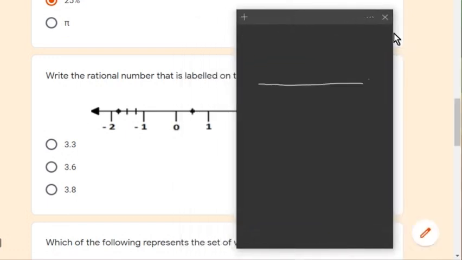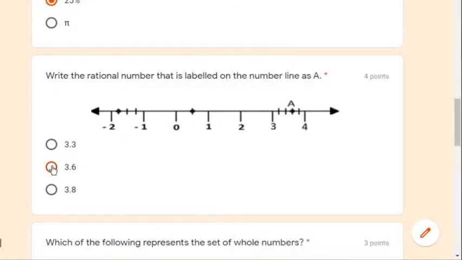Since we have 3 and then 4, and it is divided into 5 equal parts, if we count from 3 to 4 as 1, each division will be 0.2. So this will be 3.2, this will be 3.4, this will be 3.6, this is 3.8, and then 4.0. Okay, so those are the decimal marks, and this is what we are looking for. So the answer is 3.6.